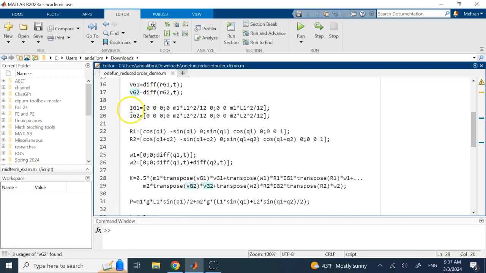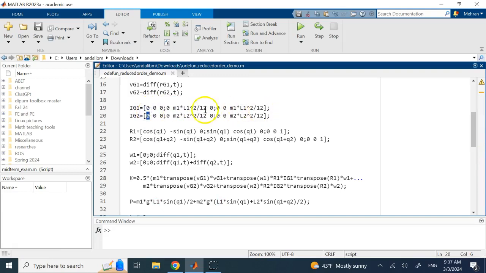Then the I's for the body attached frame: if we model them as slender bars, we have I about z, which is m L squared over 12. Also I about the y axis is m L squared over 12. And the x-axis is along the member. Since they are slender bars, I about x is 0.